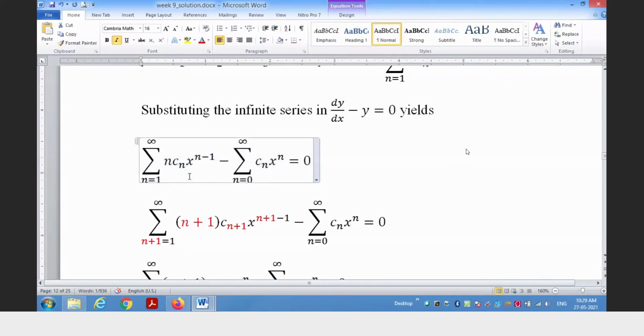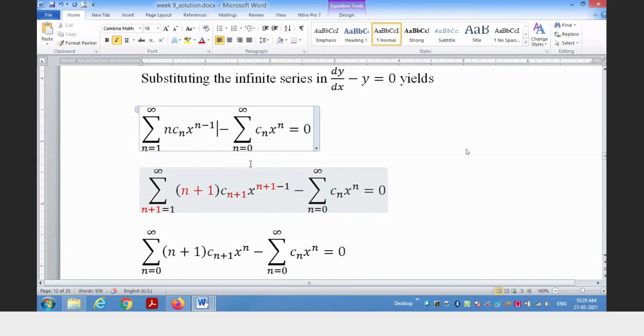How? First, we need to combine these two summations, these two series. We learned that before. In order to combine them, the power must be the same. For example, if you want to change this into x to the power of n, you replace this n with n plus 1.